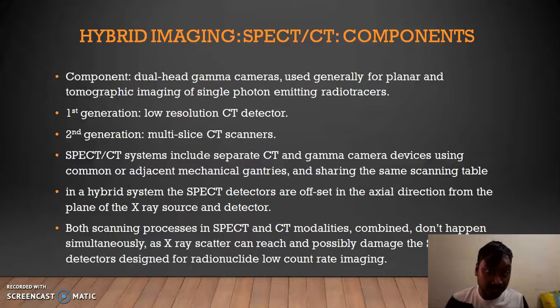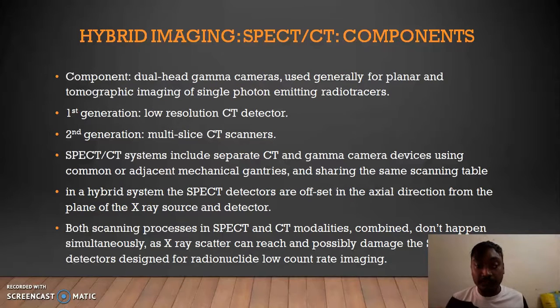For the hybrid system, the SPECT detectors are offset in the axial direction from the plane of the X-ray source and detector. This is very important as the scanning processes in SPECT and CT modalities do not happen simultaneously. X-ray scatter, the radiation scatter, can reach and possibly damage the SPECT detectors designed for radionuclide low count rate imaging.